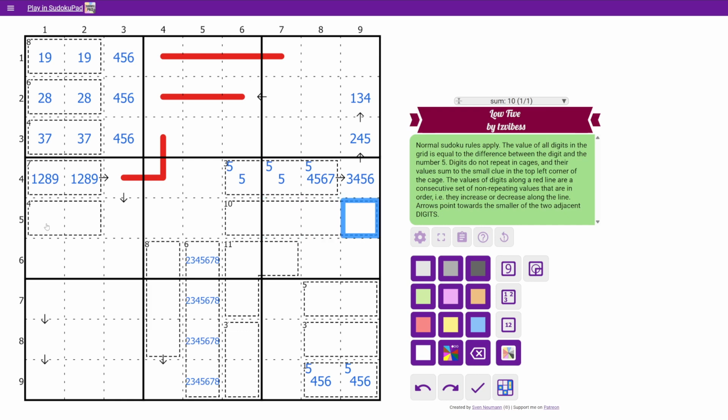Okay, how are we gonna make 10? We have to make it with 1, 2, 3, 4. Or no, I guess we could make it with 0 and 2, 3, 4.